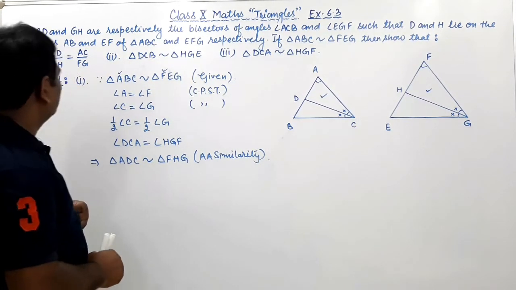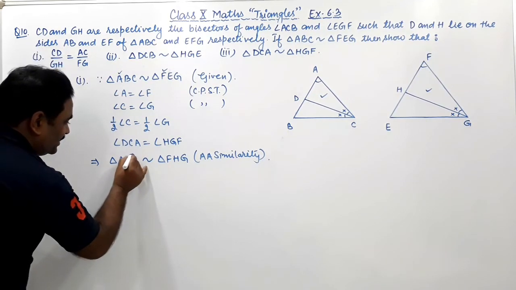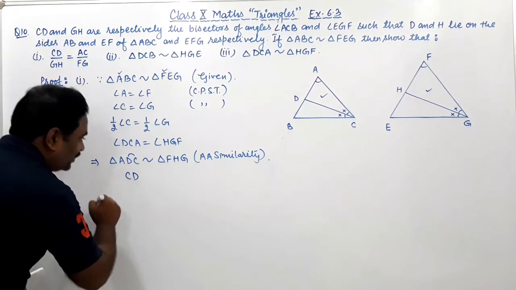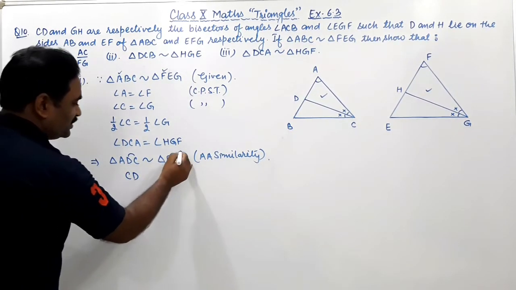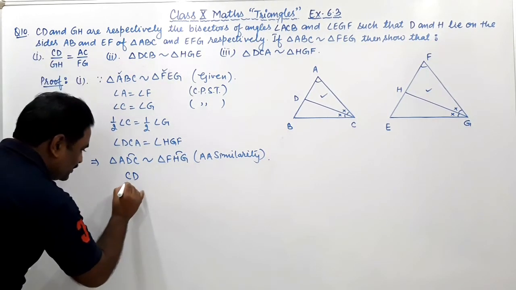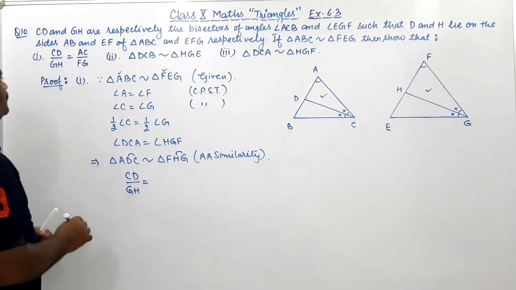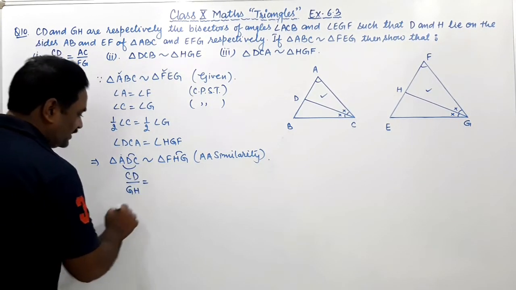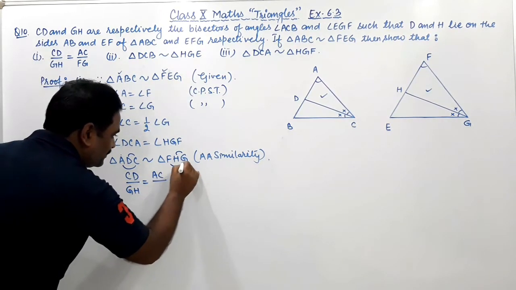So you just start with CD. CD means this, CD upon the third and second letter, upon GH, is equal to AC, means this part, AC is equal to FG.